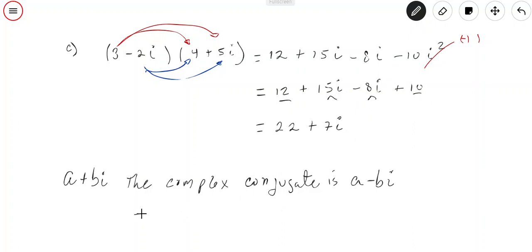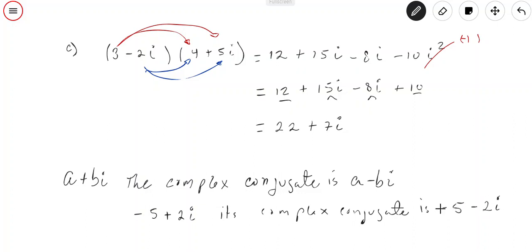So if I have a number that is negative 5 plus 2i, its complex conjugate is negative 5 minus 2i. So basically what I'm doing is just reversing the sign of the imaginary part.